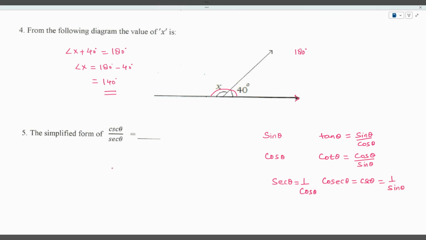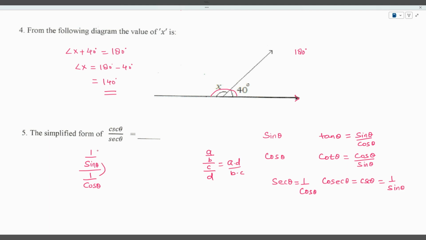So what is the term here? Cosec theta over sec theta. Cosec theta can be written as 1 over sin theta and sec theta can be written as 1 over cos theta. Now, as you know, if there is a fraction like this, it can be written as a times d over b times c.